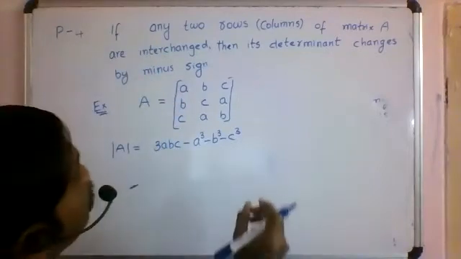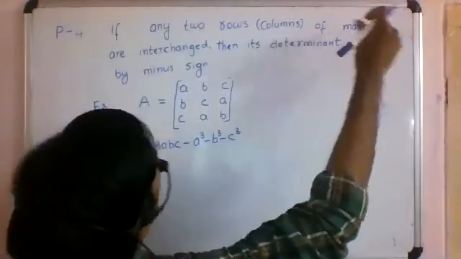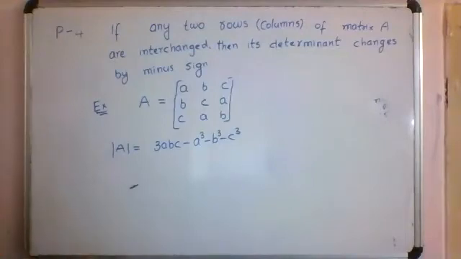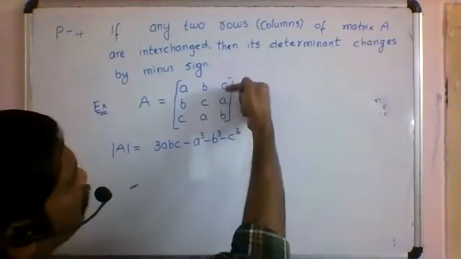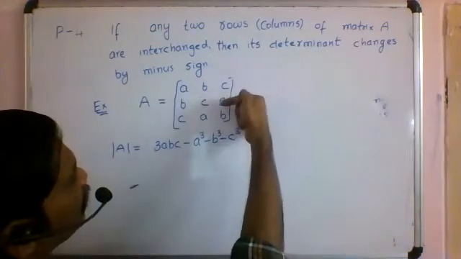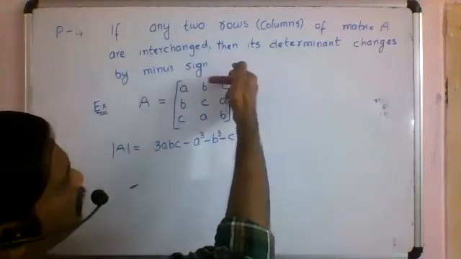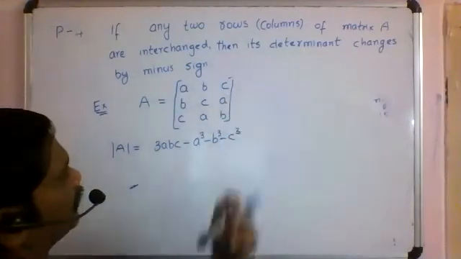Now what we are doing in the property: any two rows or any two columns, means the first row and second row can be interchanged. You write all the elements of the second row in the first row and all the elements of the first row in the second row. That is what interchanging of rows means.